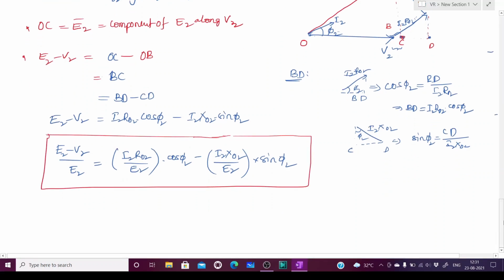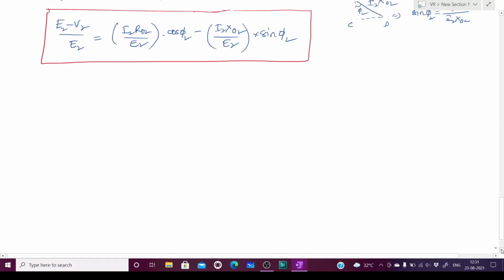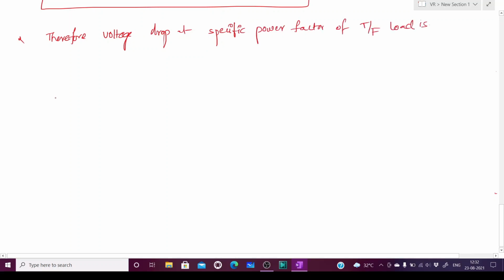Therefore the voltage drop at a specific power factor of the transformer load is given by I2 R02 into cos φ2 plus or minus I2 X02 into sin φ2.